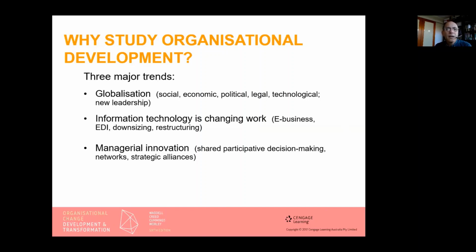Okay. This next slide is talking about why should we learn organizational development? Why is it worthwhile for us to study it? Well, first of all, as you might know, there's a lot of aspects or a lot of trends happening in terms of globalization. And globalization doesn't just mean that companies are going from one country to another and establishing businesses there.